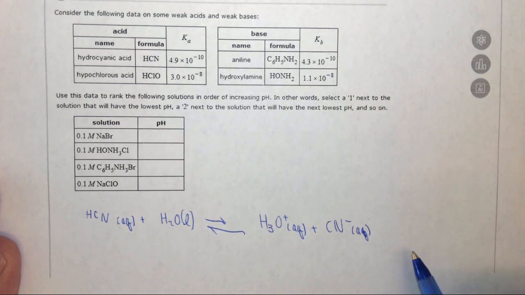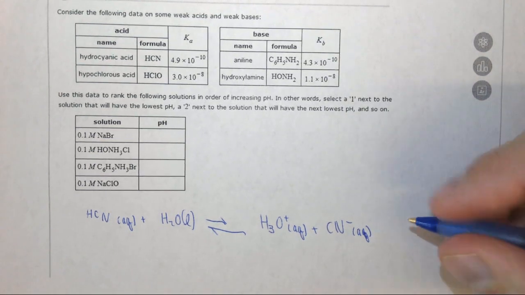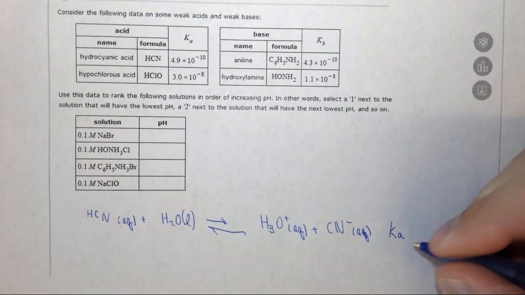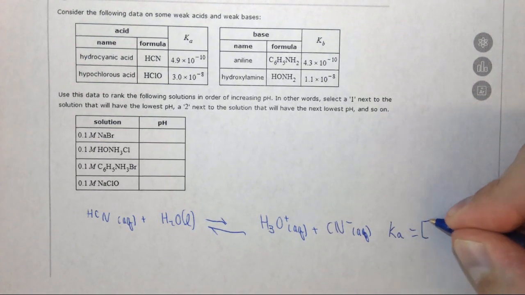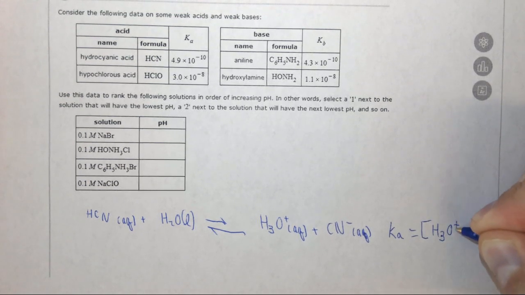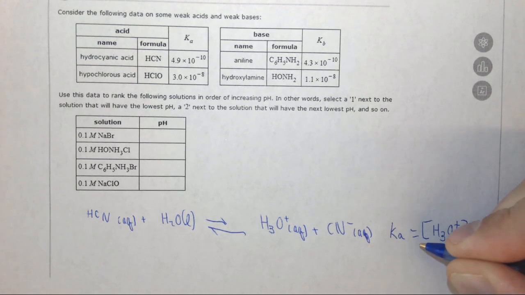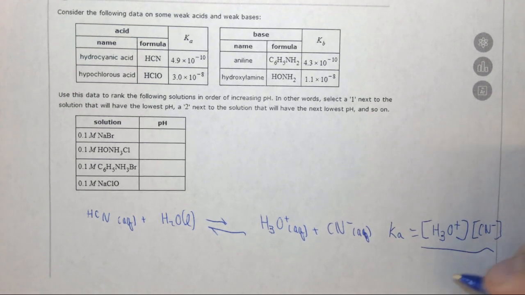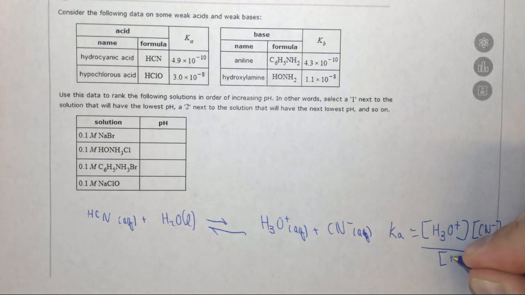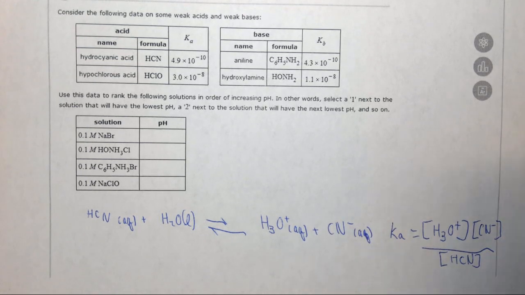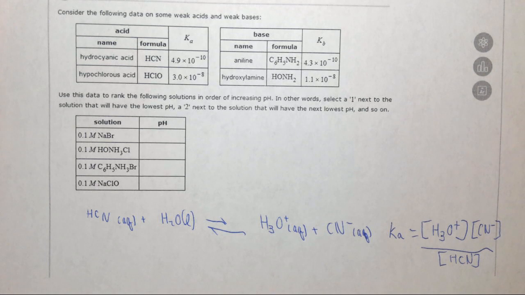And if we were to write the Ka expression for this, it's products over reactants. It's an equilibrium constant expression. So it's the concentration of H3O+, concentration of CN-, over the concentration of HCN. Again, we don't include water, just like in an equilibrium constant, because it's not aqueous, it's liquid. So basically here, we have products over reactants.